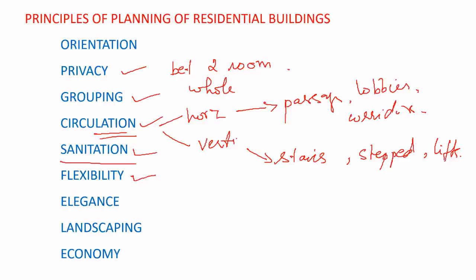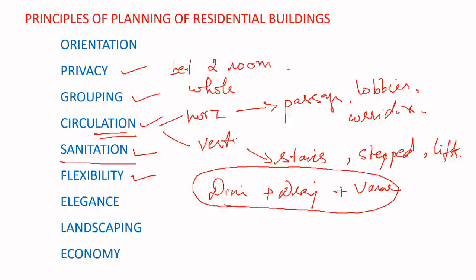So if necessary, these things together can be converted into a hall. When there is a function, you can convert this into a hall. That is called flexibility, conversion from one purpose to another purpose.